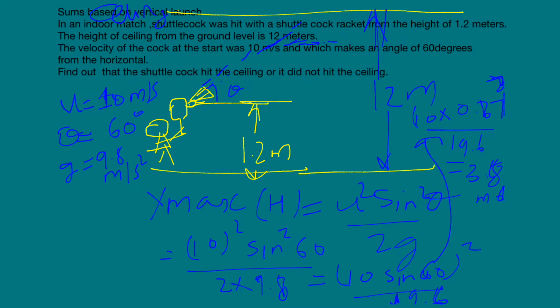We can see this also from the horizontal direction, the x direction, and this ceiling. The real height here is 12 meters minus this 1.2, so 12 minus 1.2 is 10.8.